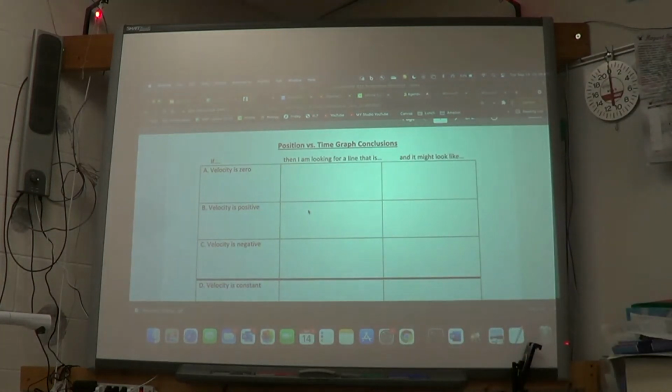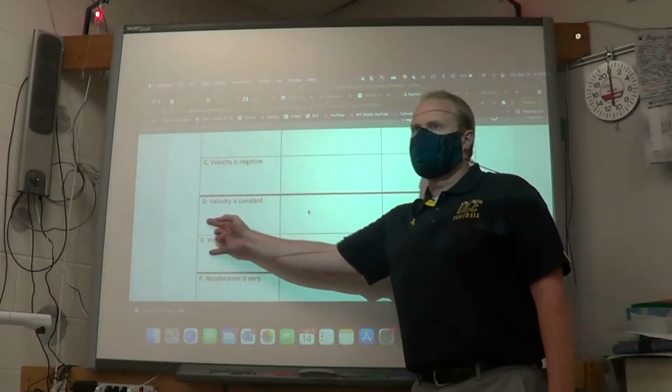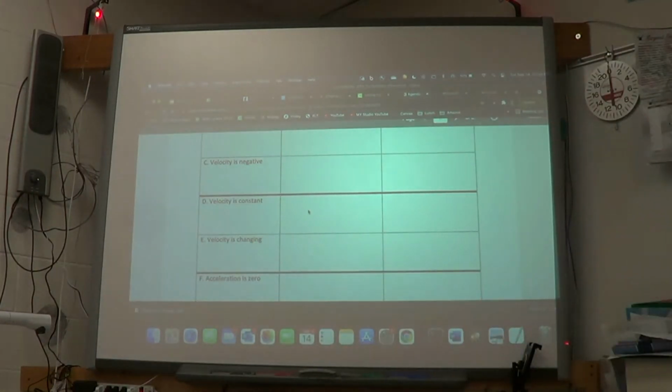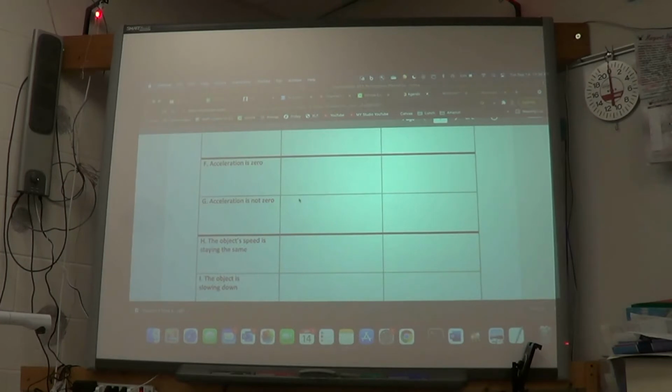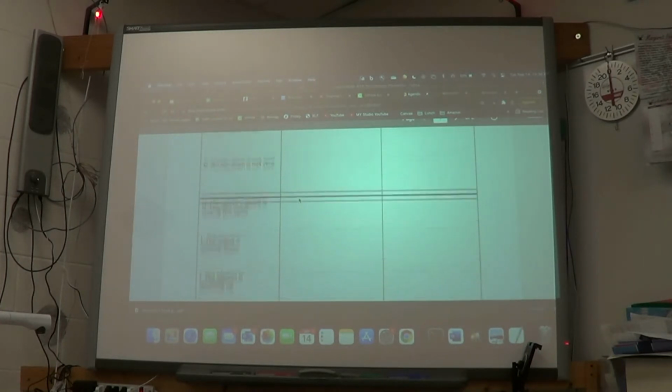Then there's a couple more. There are two questions: is it constant or is it changing? It's going to be one of these two statements. Then acceleration is 0 or not 0, and then it's speeding up, slowing down, or the object's speed is the same.